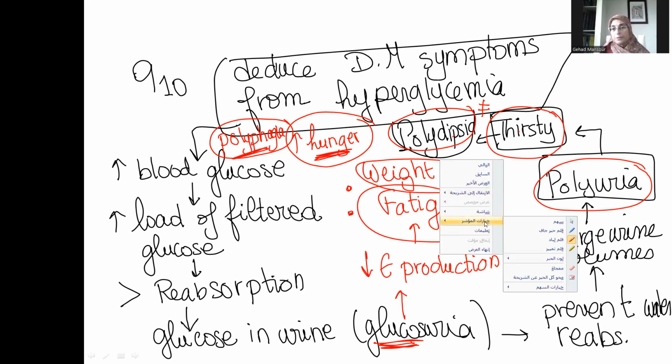There is another important thing that I haven't explained in class, but that is related, so I have to say it now, which is the renal threshold. So what is the renal threshold?